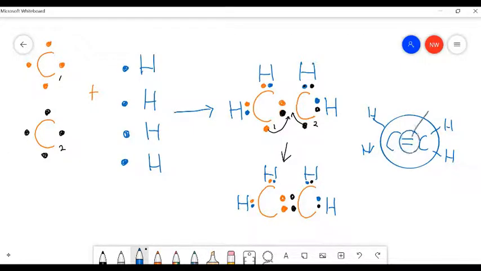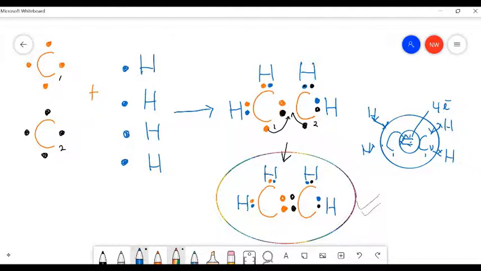So, this double bond has 4 electrons. Okay, 1, 2, 3, 4. And then 5, 6, 7, 8, for C1 and also C2. So, both carbons are octet. So, this is the correct Lewis structure for C2H4. Okay.